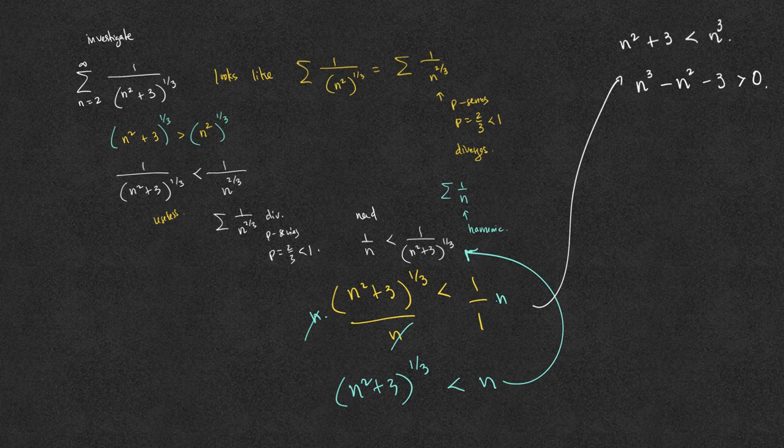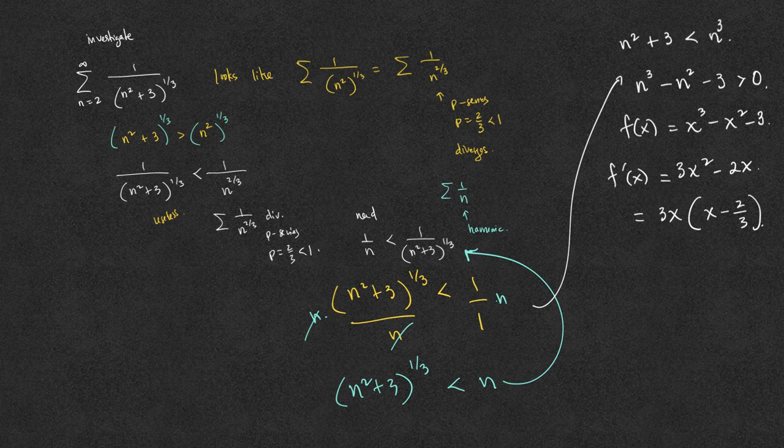And to show this, we first let f of x equal x cubed minus x squared minus 3. The derivative of this function is 3x squared minus 2x. And we see that this can be factored to 3 times x, times x minus 2/3.